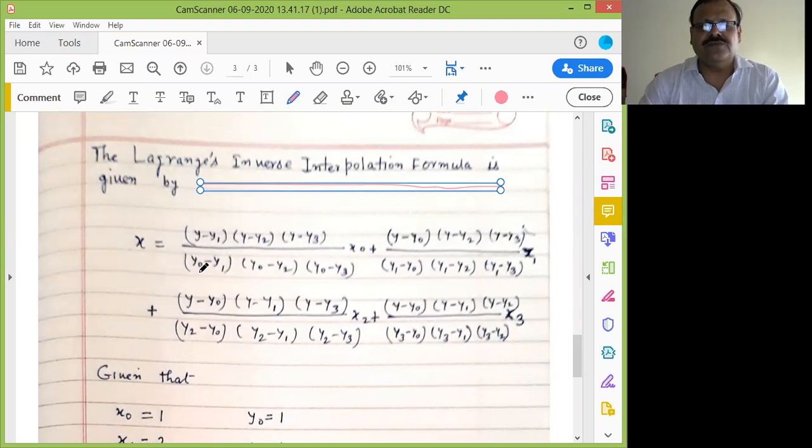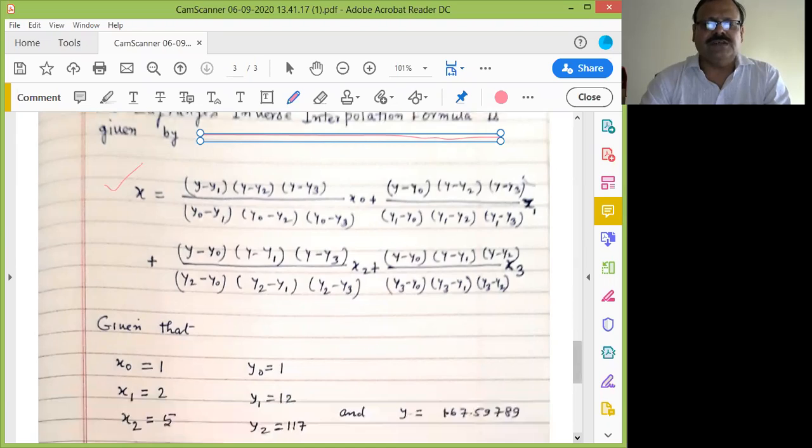Once you remember the Lagrange interpolation formula, you can easily remember this one. Do not memorize this formula separately; memorize a single formula and repeat it by interchanging, and you will get this formula.